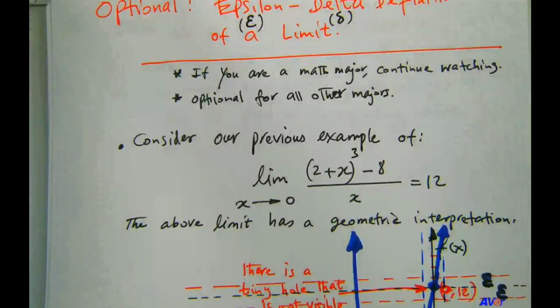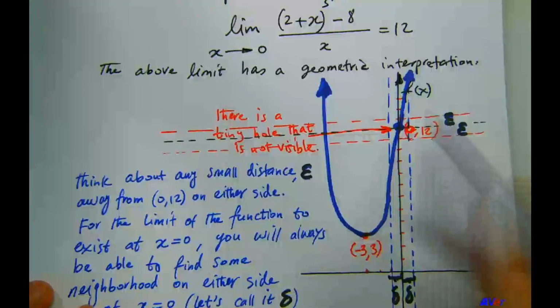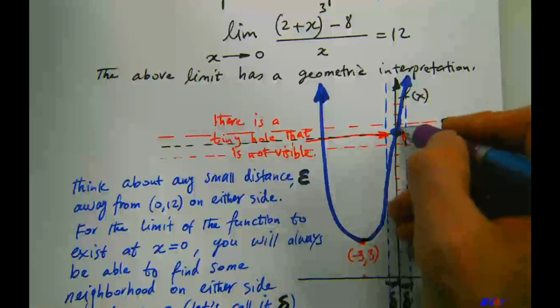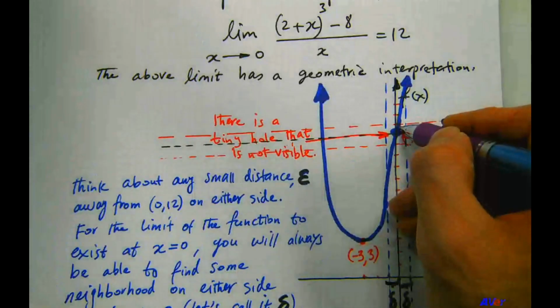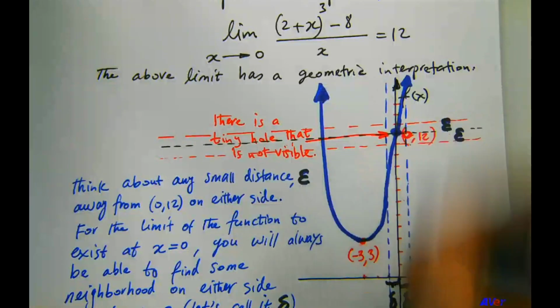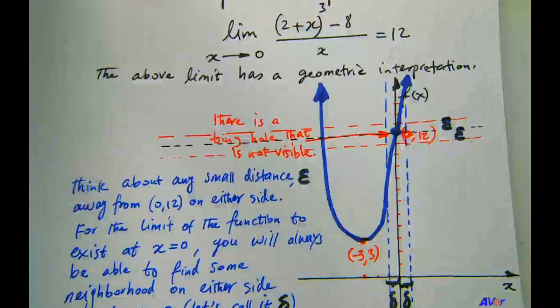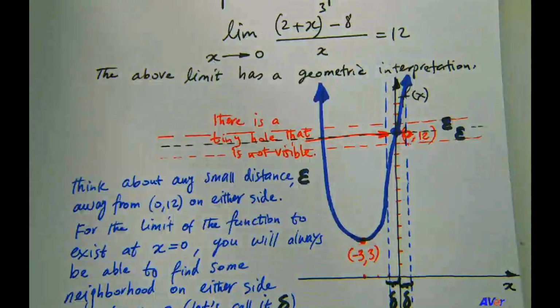But if the limit of this function exists as x approaches 0, then it doesn't matter how small you pick the epsilons along this line. For sure, you can find a delta associated with it. It's the same relationship between x and y, but in this context, we're looking at it in terms of delta and epsilon.